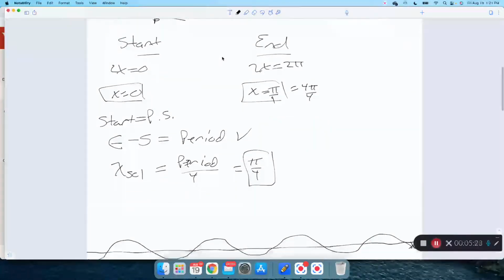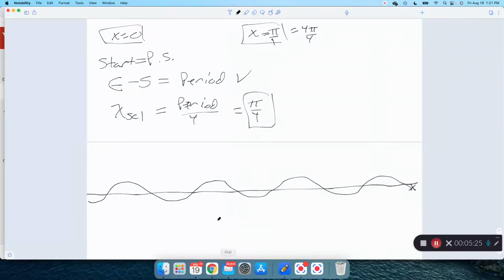Because I have a cosine, my start is at one of the crests. And pick one, it doesn't matter. I could pick any of these crests. I'm going to pick this one because it's kind of in the middle. There's my start. Then at the end of that cycle, let me do this in a different color. So here's a start, all the way down, all the way back up.